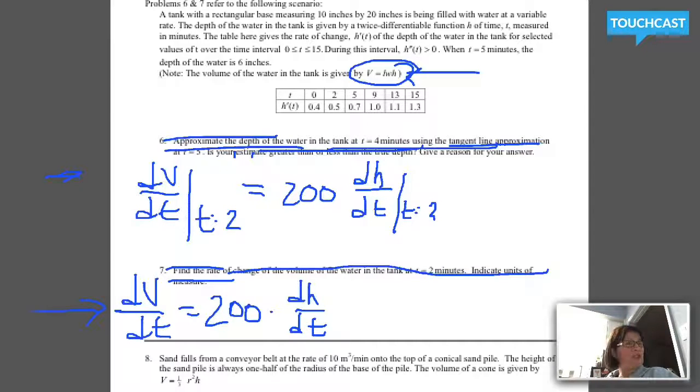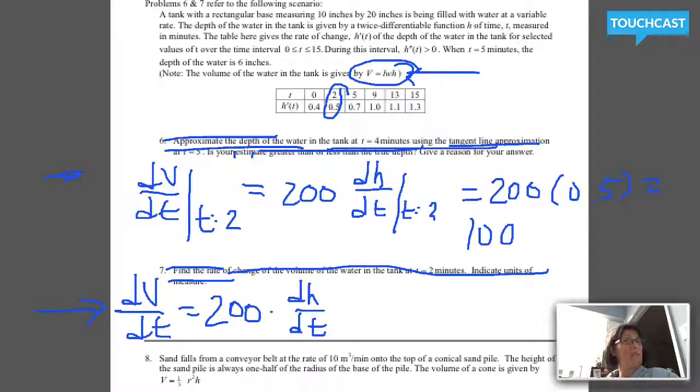Well, dh/dt when time t equals 2 is the same as h prime of 2. And I know that. So that's going to equal 200 times 0.5, which is 100.